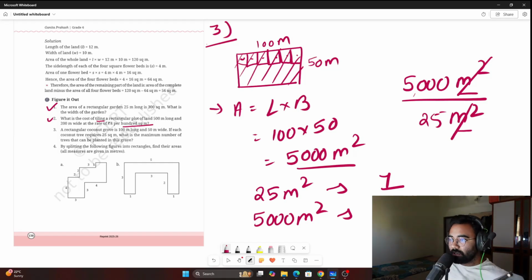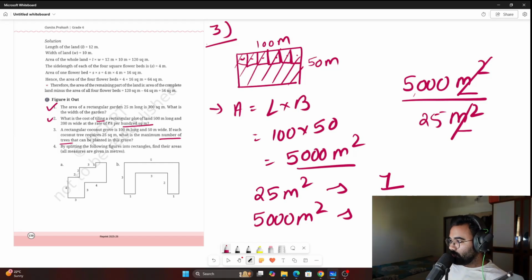How do I know that? The number of trees cannot be in meter or meter square or in meter cube. Number of trees will always be a constant number, such as 5, 10, 50, 100. You cannot say 100 meter square of trees. No, it's the number of trees. So the units have cancelled out each other.